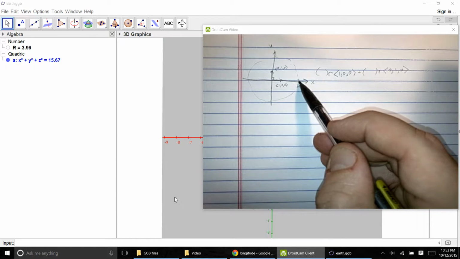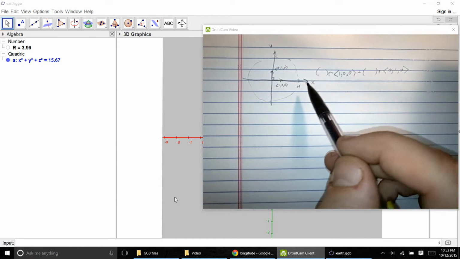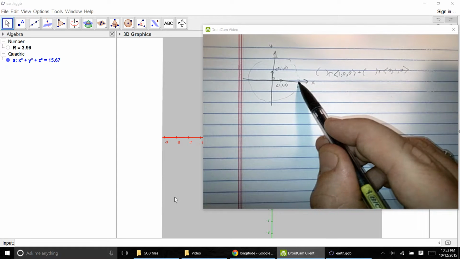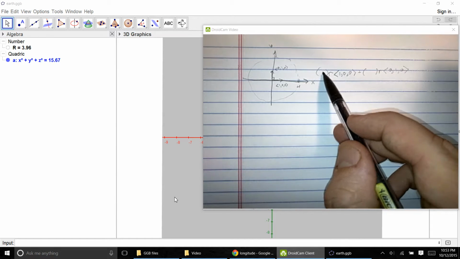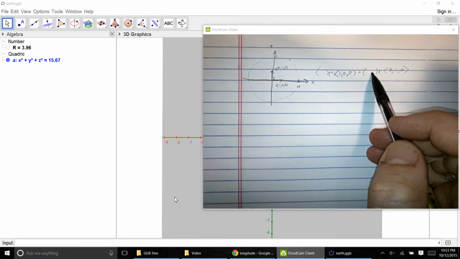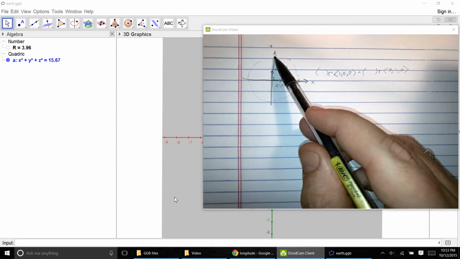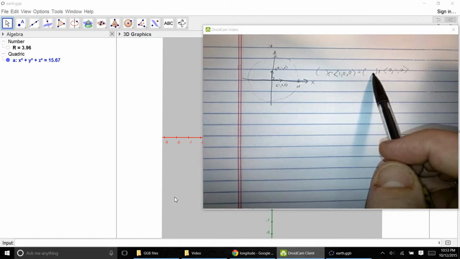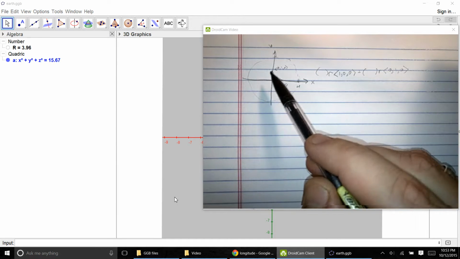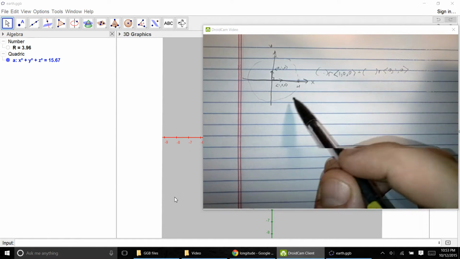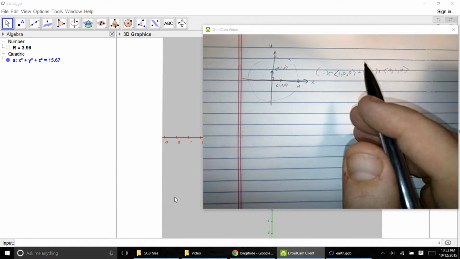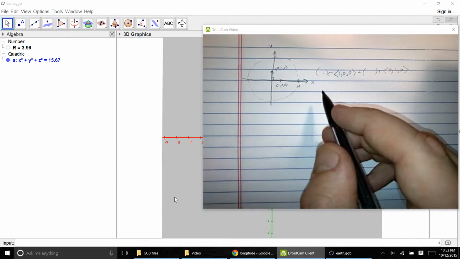Ideally when t is 0, we would be here, so we would want this to be 1 and this to be 0. But then at some point we would want this one to be 0 and this to be 1, then negative 1, 0. That's suggesting a trig parameterization.